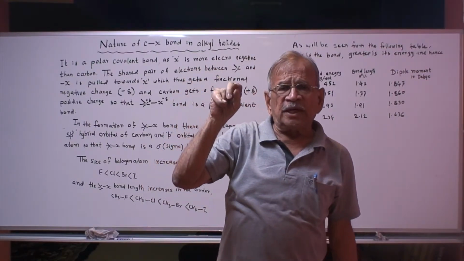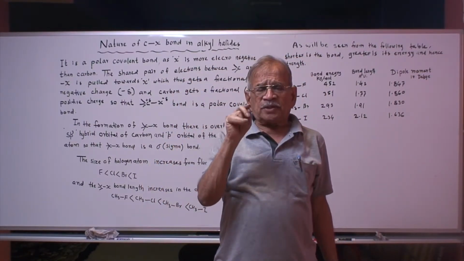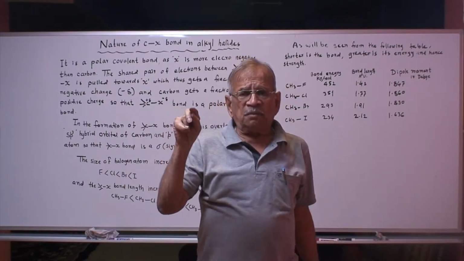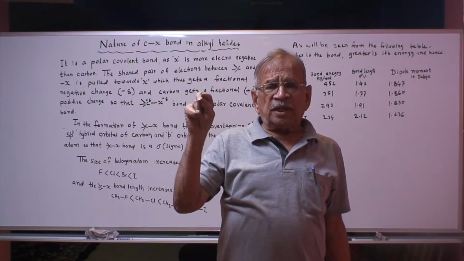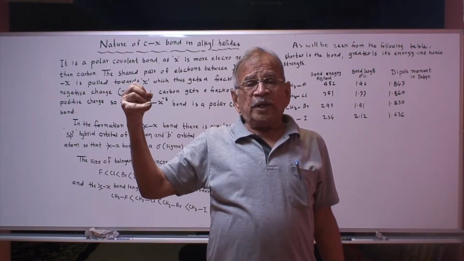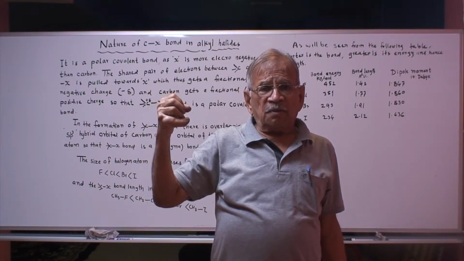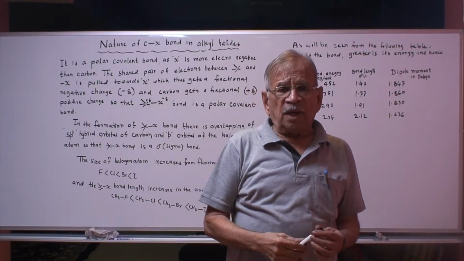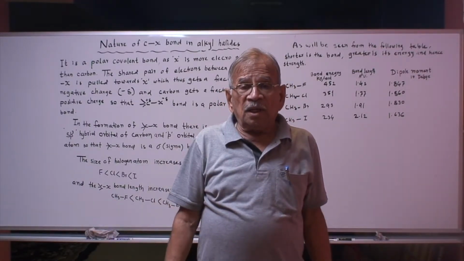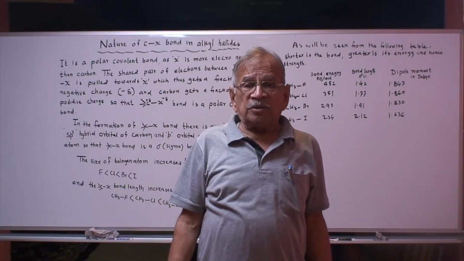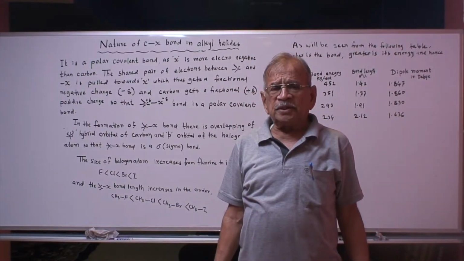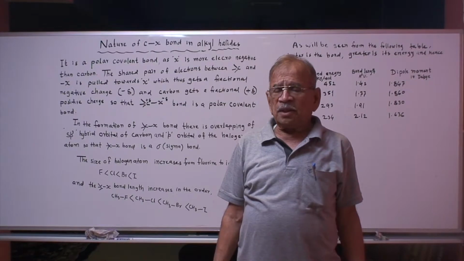Carbon gets a plus delta charge, a fractional positive charge. The halogen atom gets minus delta, a fractional negative charge. This is because of the pulling of electrons by the halogen atom away from carbon, but not shifting the shared pair of electrons. It is just pulling towards the halogen, which gets a small negative charge.